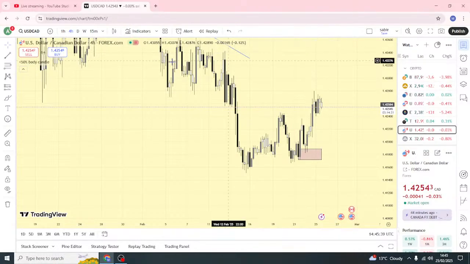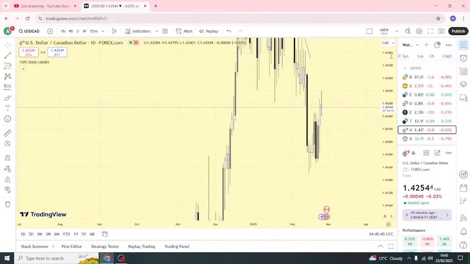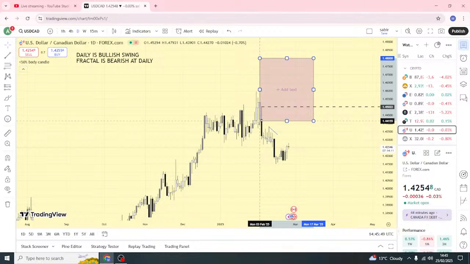So on a daily time frame, what I can see is that overall this candle is a supply zone.